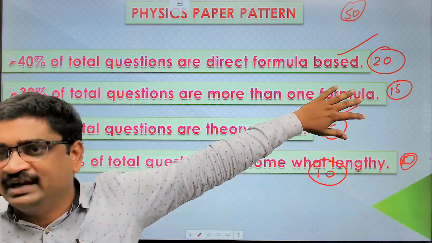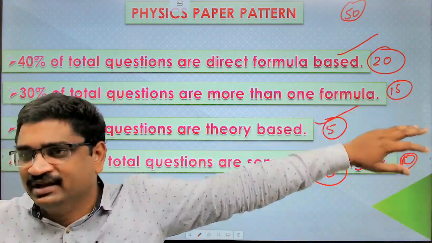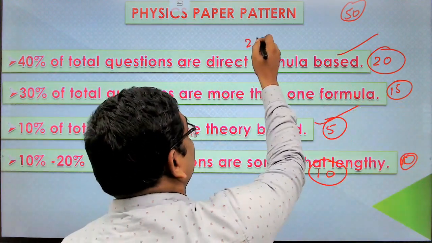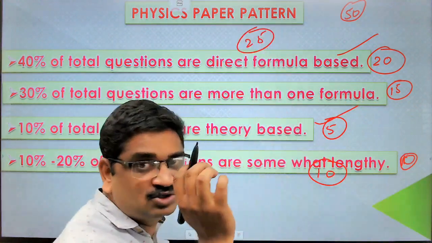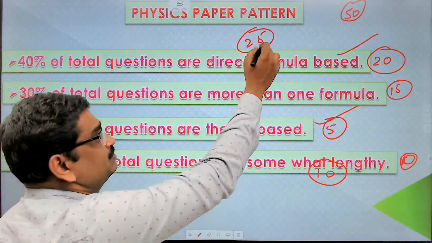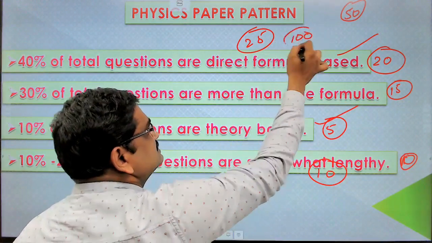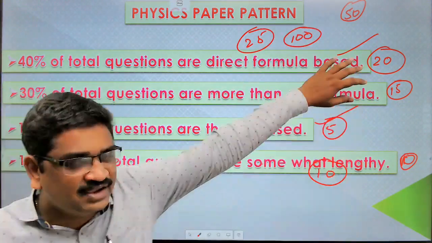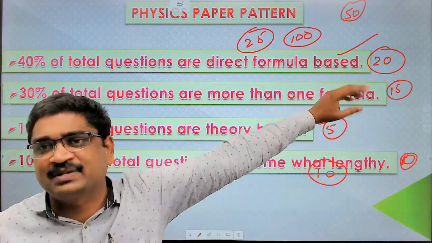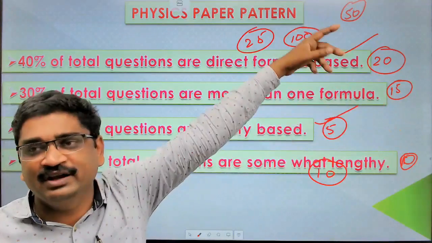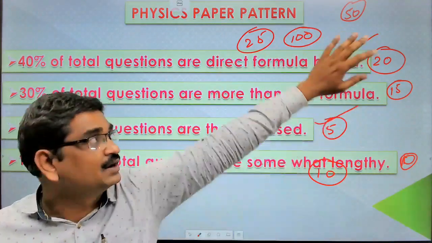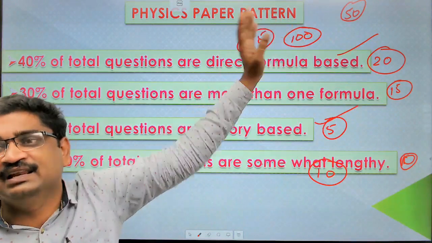Among these 35, some questions will feel easy, maybe around 25. If you answer those 25 questions correctly, then a minimum of 100 marks you can get easily.